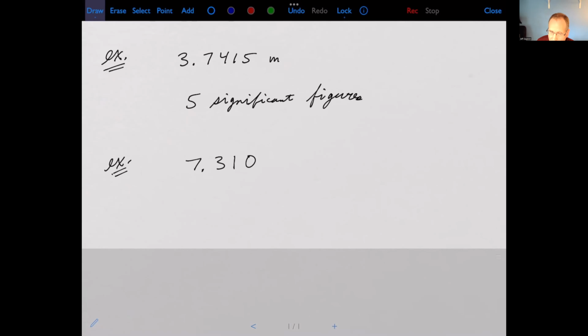There's a 0 there, but it's written to the right of the decimal point. It's ending at the right of the decimal point, so it is significant. So in this case, I would have 4 significant figures. Each of these digits in this example is significant, including that 0 because it's written to the right of the decimal point.